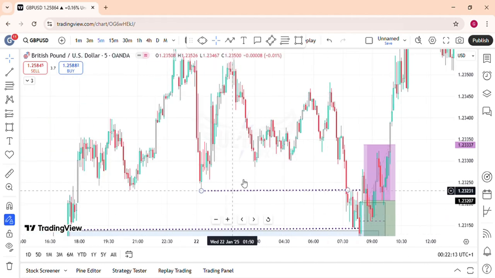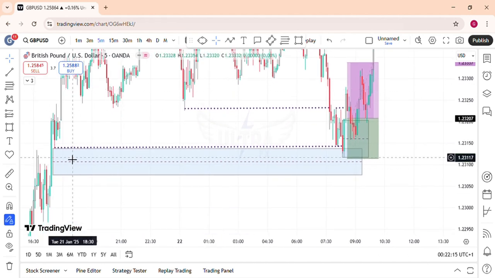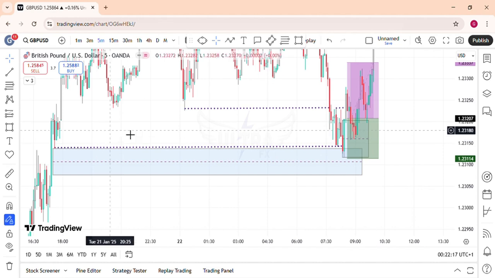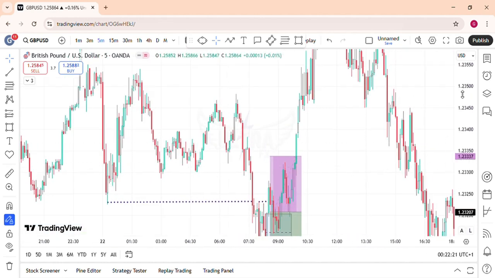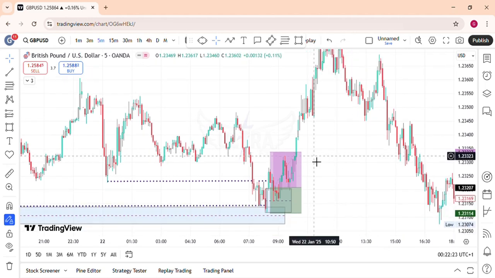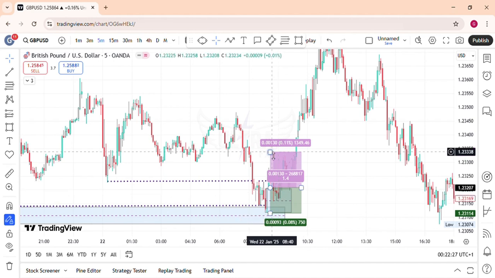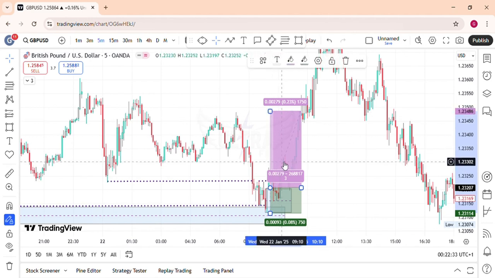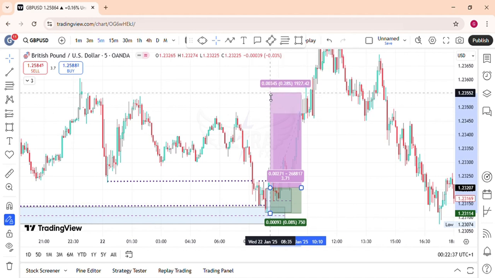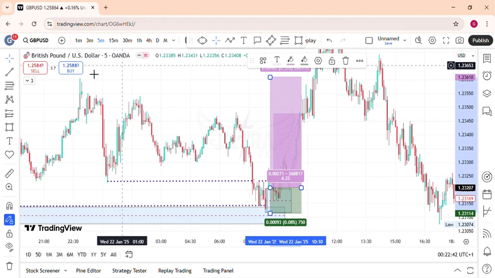Since it is coming from a higher time frame fair value gap, you might have a bigger risk to reward. So you're taking the entry from here to your previous high, which is a 1 to 3 risk to reward, or this high here, or you can as well put it here.